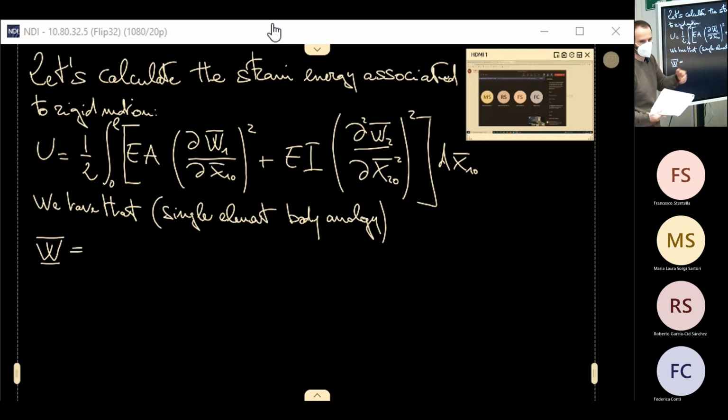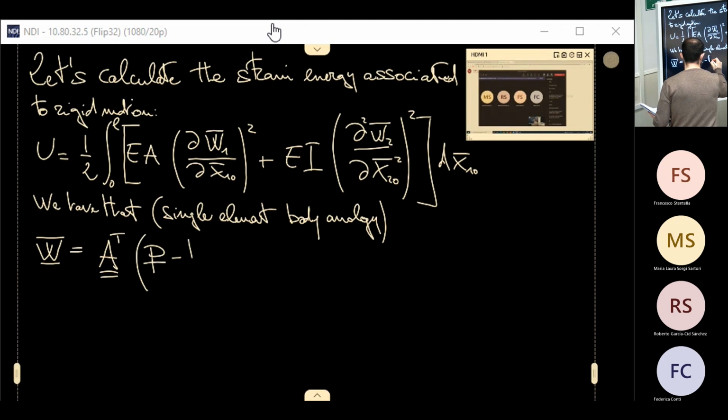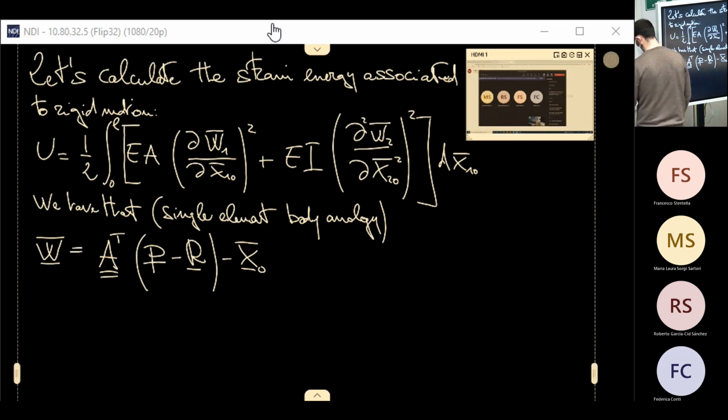As if we had a body with a single element, as we did before. W is A transposed P minus R minus X, 0.